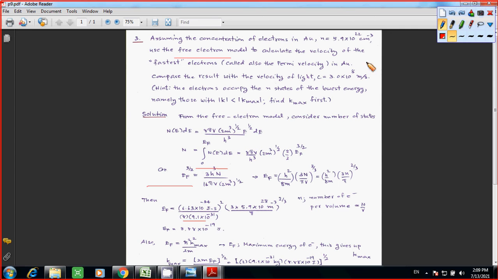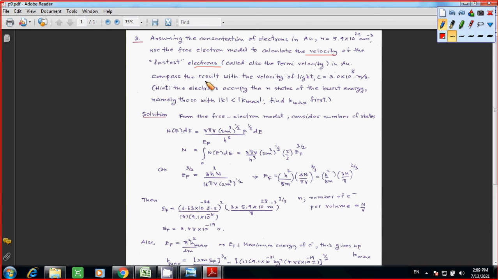Now problem number 3. Assuming the concentration of electrons in gold n equals 5.9 times 10 to the 22nd per cubic centimeter, use the free electron model to calculate the velocity of the fastest electrons, also called the Fermi velocity, in gold.